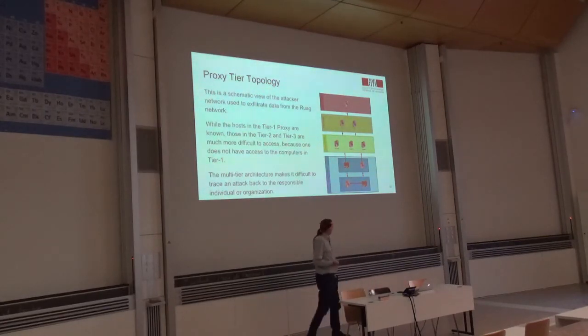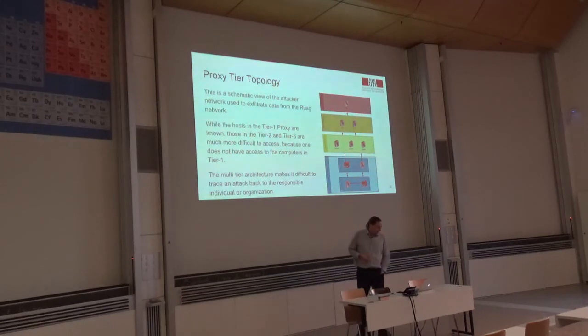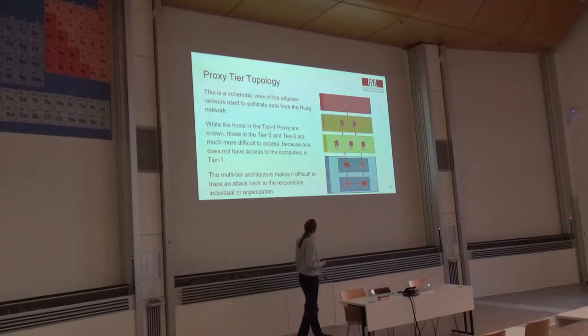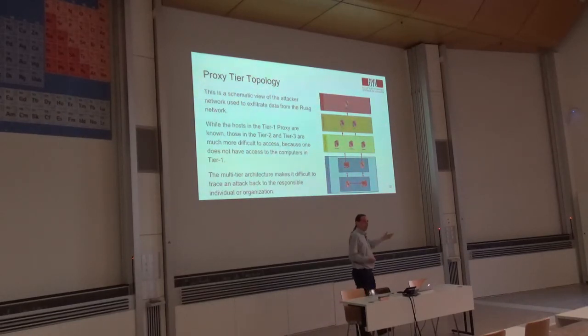Now, as far as I know, I don't know if they ever positively identified who was behind the attack, and that's often difficult because sophisticated attackers often use multi-tier sets of proxies to exfiltrate the data. The attackers' personal systems are never going to talk to the RUAG or the victim's machines directly.